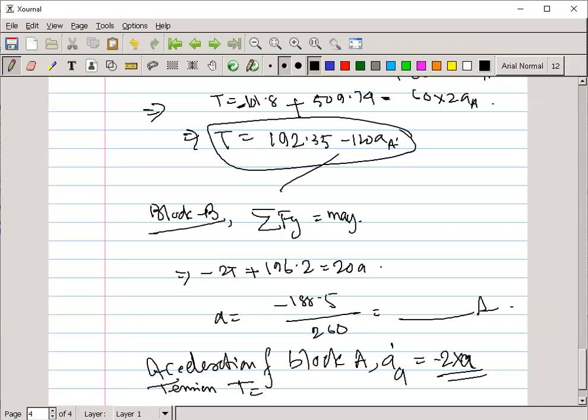You have to write tension in such a manner here: 192.35 minus 120 into A. When you put this value here, you will get the answer. So these are the two processes, or we can say the concept, to solve any type of problem related to dynamics.